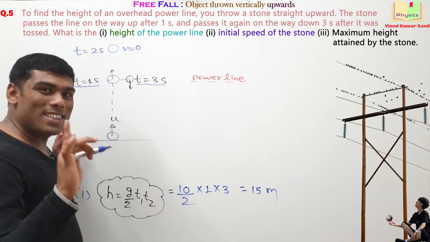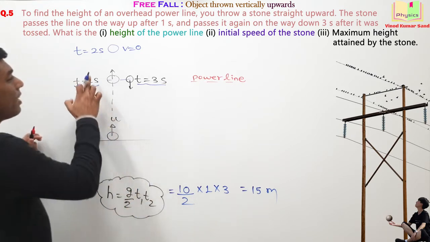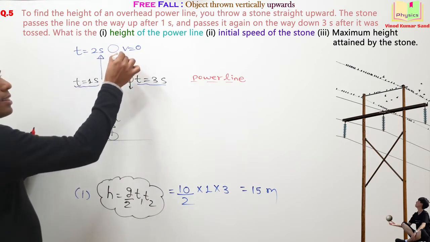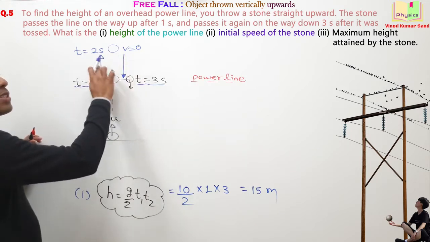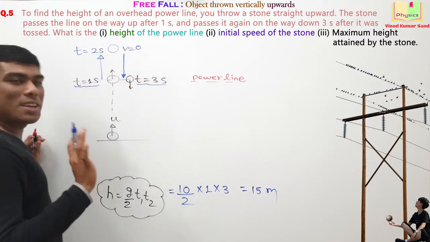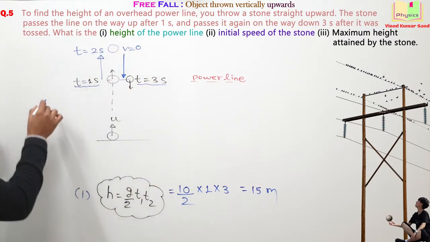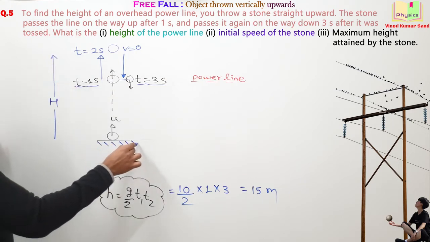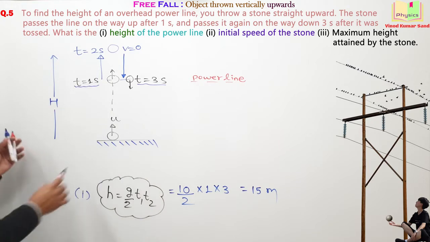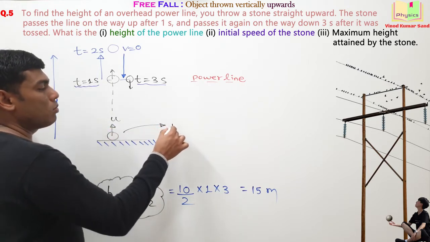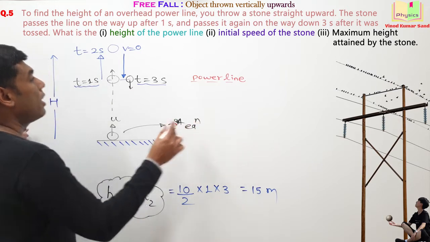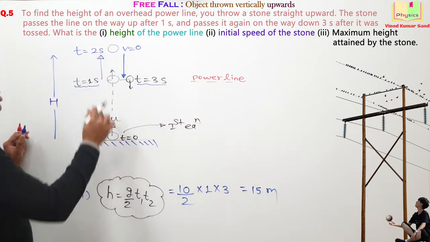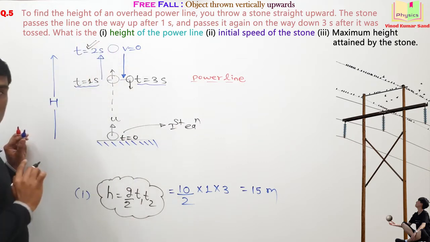You remember the free fall has the symmetry. This time interval is 1 second while going up, then this time interval will also be 1 second while coming down by the same distance. So this is the maximum height of the stone above the ground. Now for the stone I am using the first equation of motion, applying it starting from t is equal to 0 to this moment t is equal to 2 seconds.